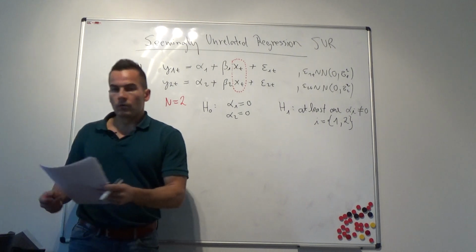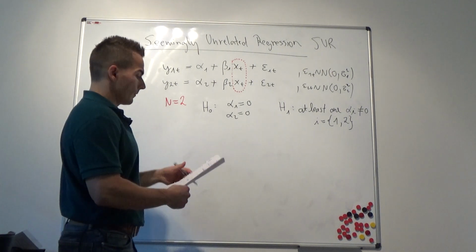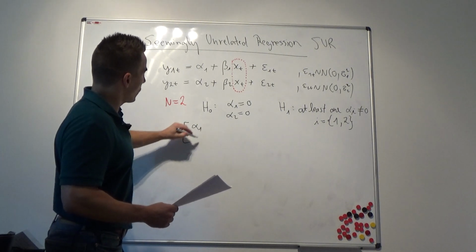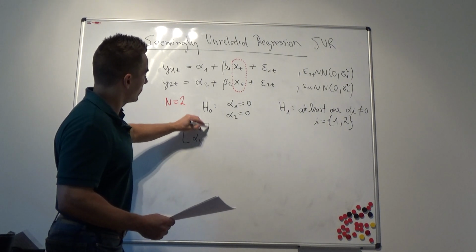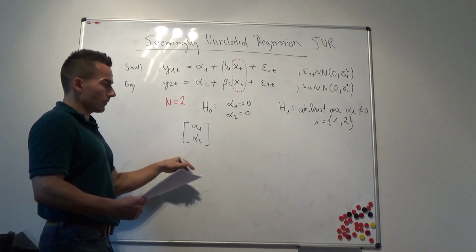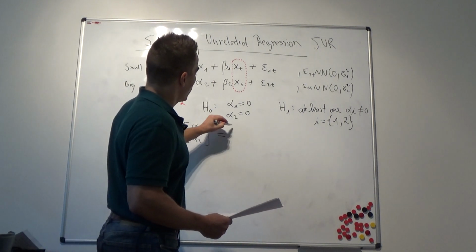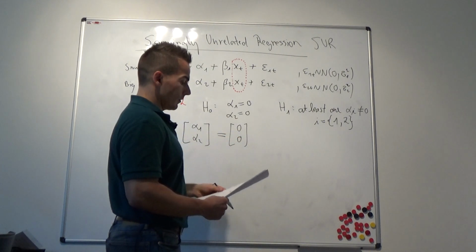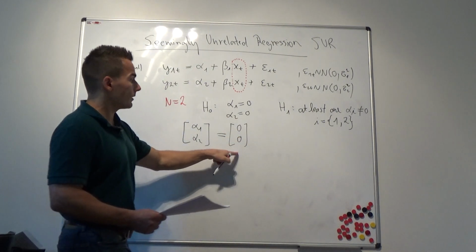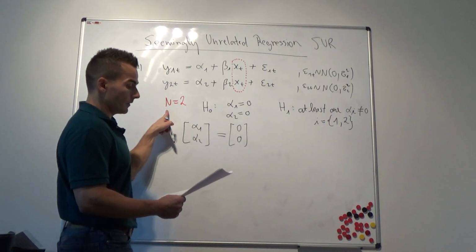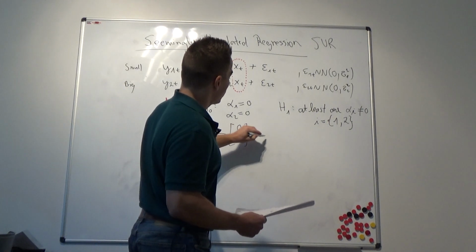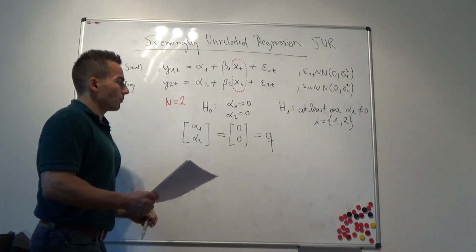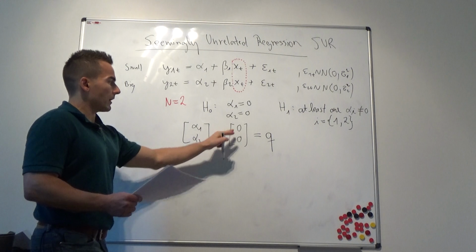We can also employ vector notation, because we like it so much. So we have here our alpha 1, alpha 2 in a 2 by 1 vector equal to 0 and 0, which is also a 2 by 1 vector because n is 2, obviously, and we can denote this vector as q. Let's denote q, small q, as our vector of zeros.